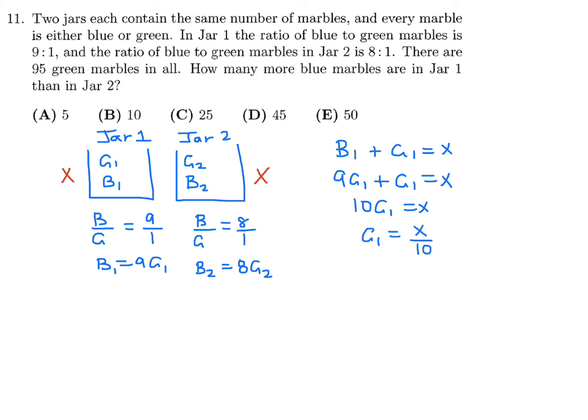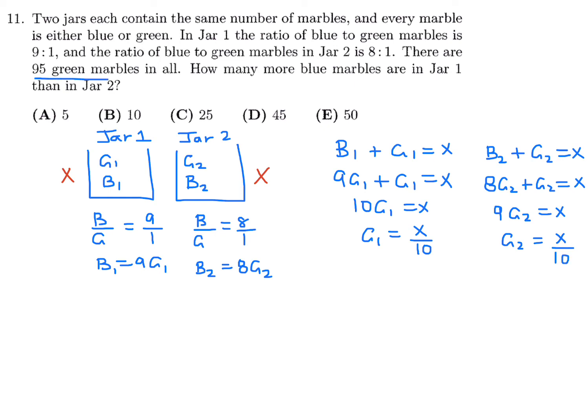We'll do the exact same thing for jar 2. B2 plus G2 is also equal to X. B2 is 8G2, so 8G2 plus G2 is X, and therefore 9G2 is equal to X, so G2 is equal to X over 9.